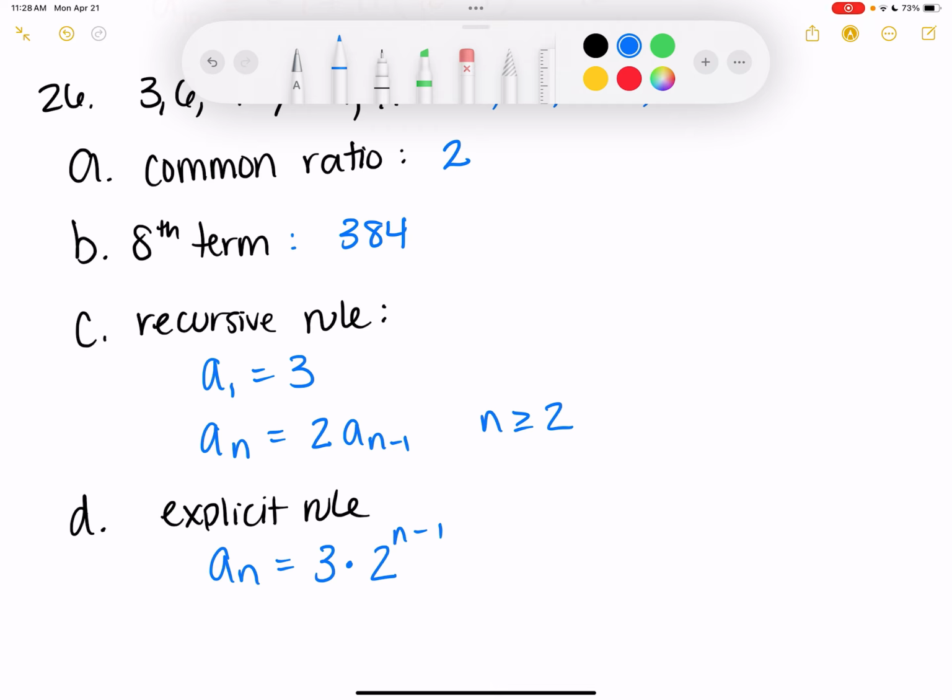Again, with these ones, you have to know the previous term in order to be able to do that. That's why it's called the recursive rule. So this is a sub 1 times the common ratio raised to the n minus 1. Just if you want to see where we got that from.